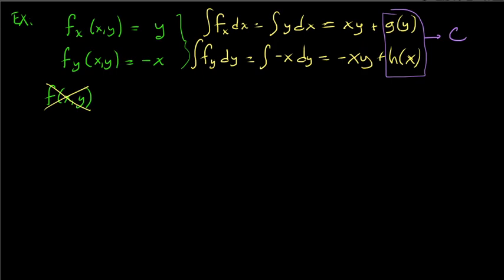However, the big problem is not the constant here, it's what this function is. So is it x times y, or is it negative x times y, plus a constant?